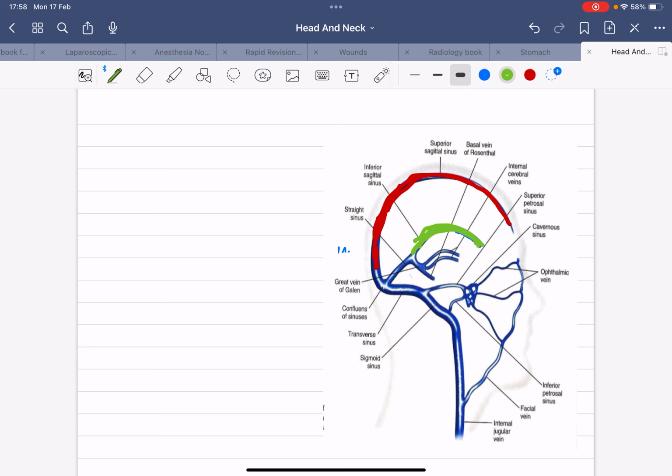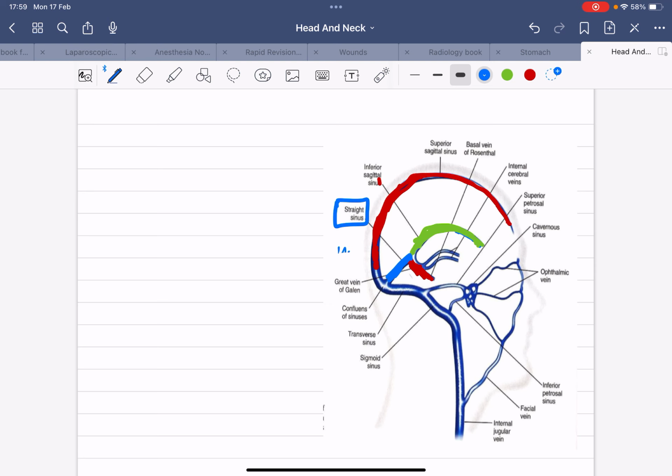Now the inferior sagittal sinus is joined by this great vein of Galen, and when they join together, they form this sinus. This sinus is known as straight sinus.